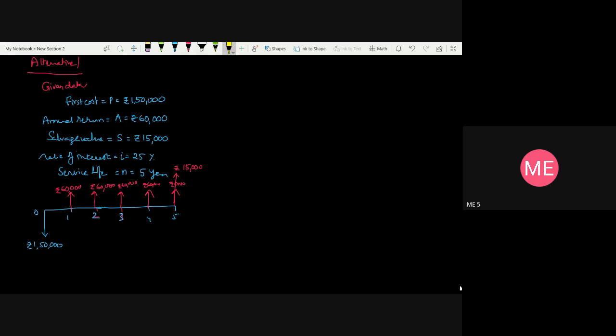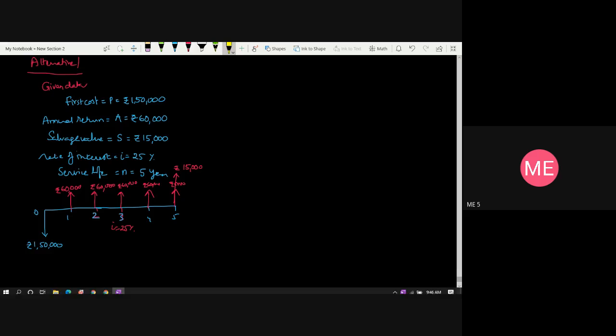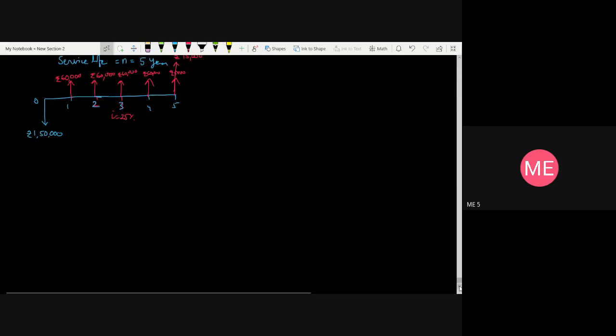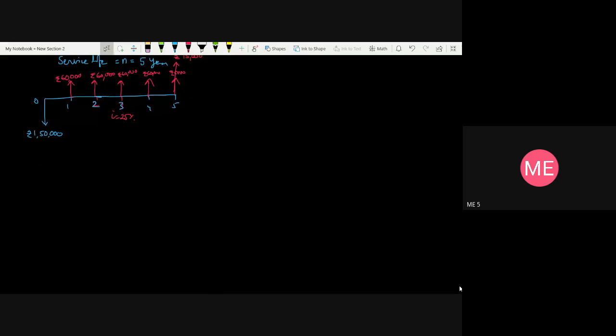Now the rate of interest is given as I is equal to 25%. Based on the cash flow diagram, we will write the equation. In this case I use the present worth method of comparison. I'll calculate the present worth first, then we'll go on to annual equivalent worth.